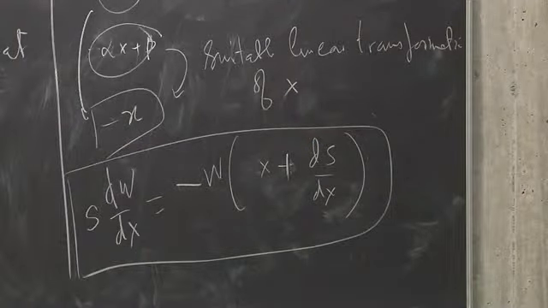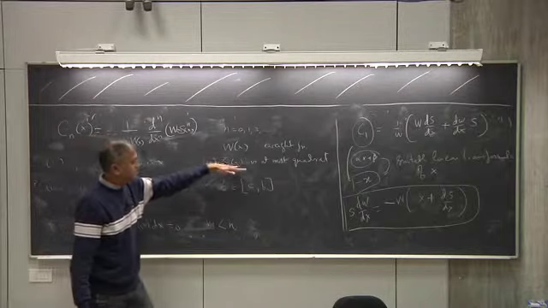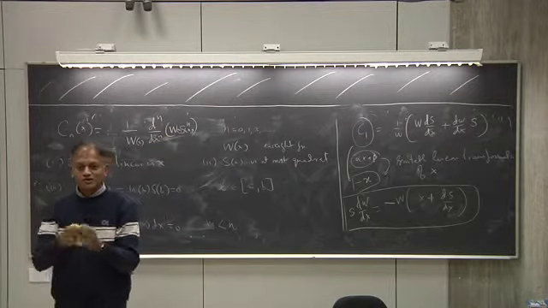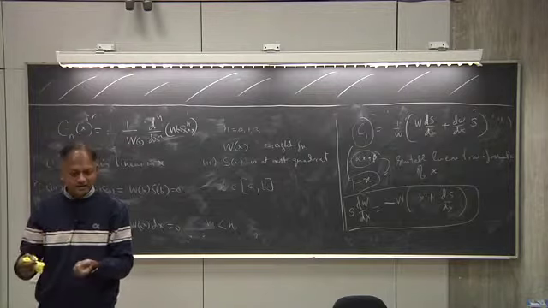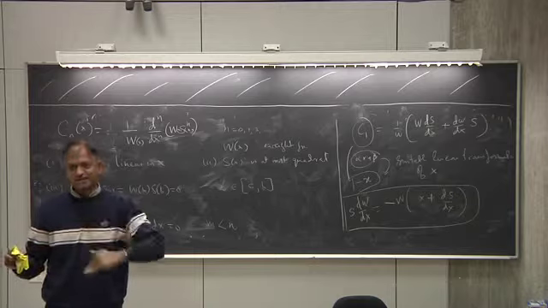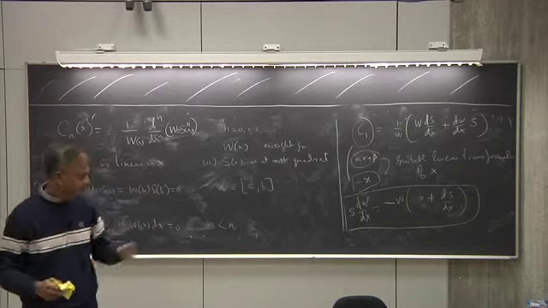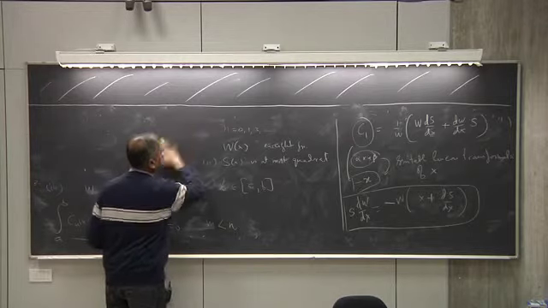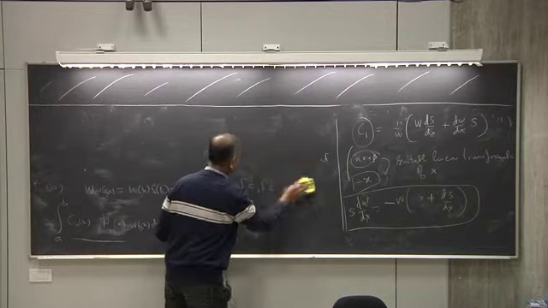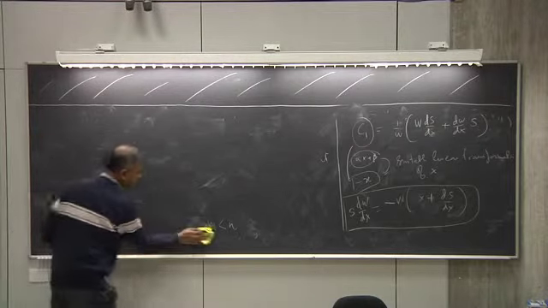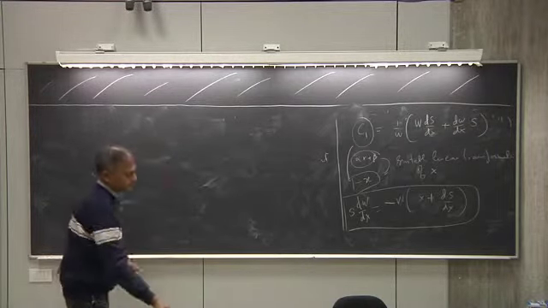Now let's go to the second condition. We said S is at most quadratic, so there are three possibilities. S could be a constant, S could be linear, or S could be genuinely quadratic. Let's take these three cases one by one and see what the implications are.